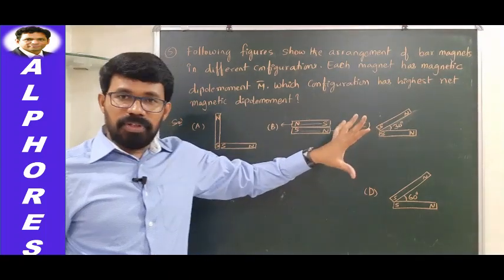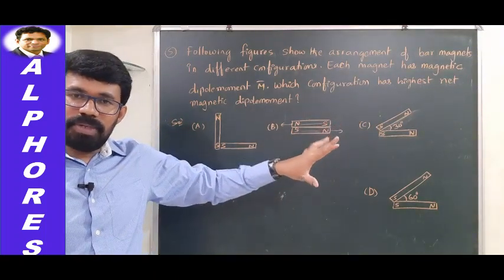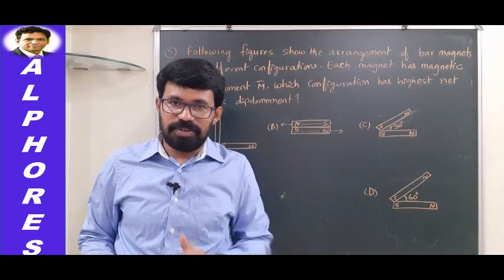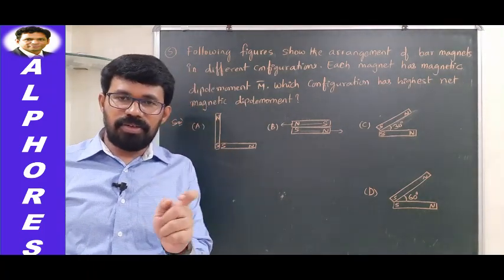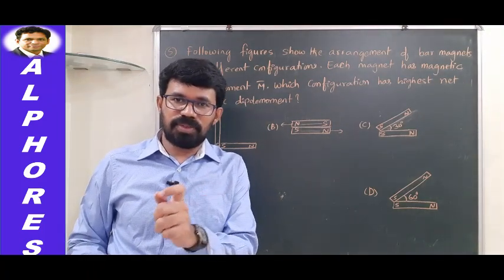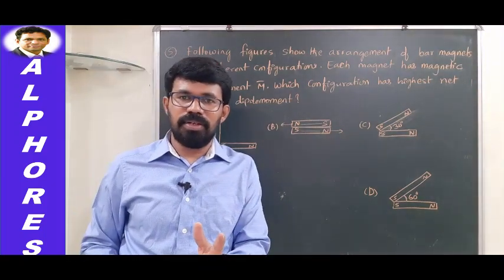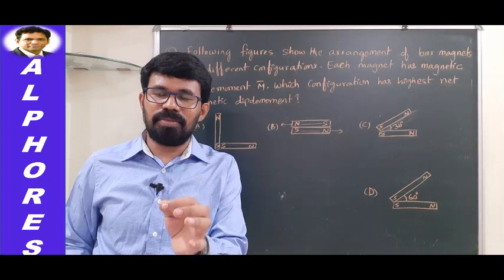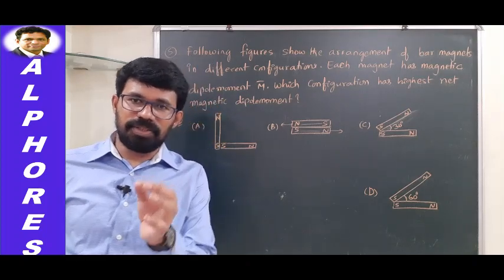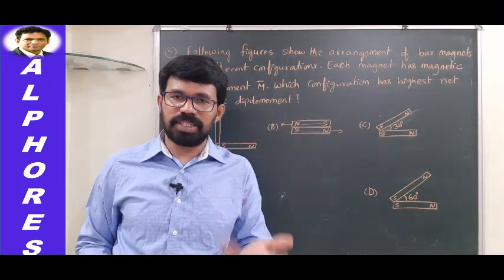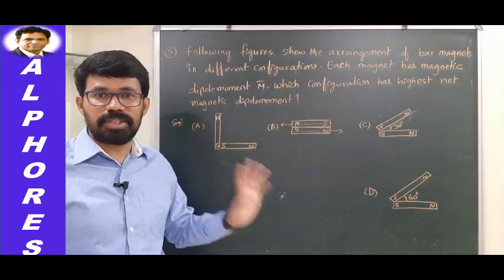So just by looking at the diagram here, resultant will be under root m square plus m square. Whether the resultant is maximum or minimum, it is decided by theta value, isn't it? Net value of magnetic moment is written as under root m1 square plus m2 square plus 2m1 m2 cos theta. Whether net value is maximum or minimum, it is completely decided by theta. If theta is 0, then we'll have maximum value. But here theta 0 condition is not given.